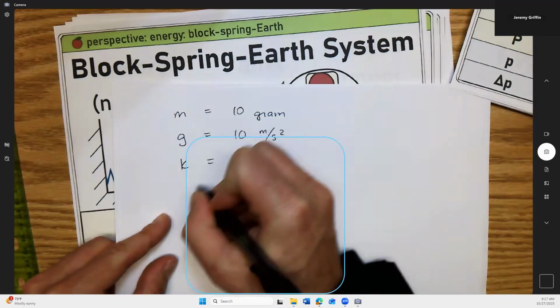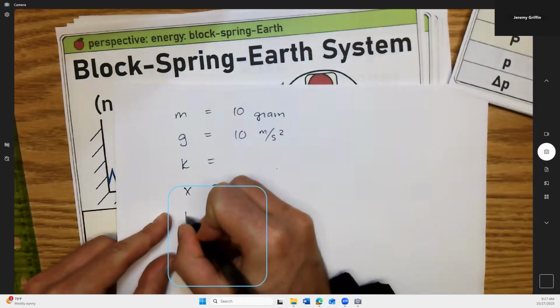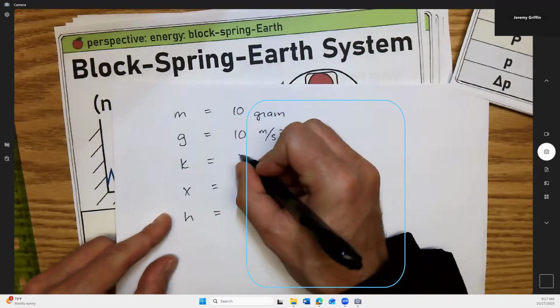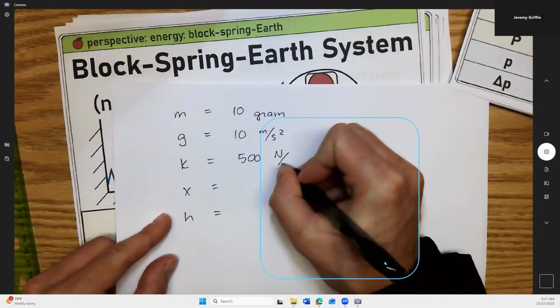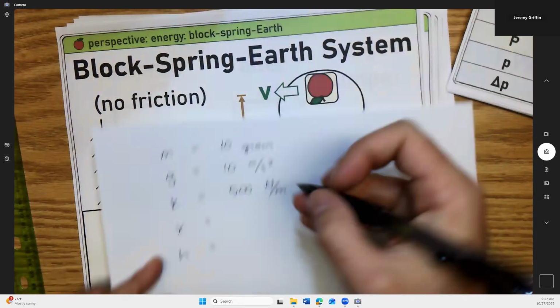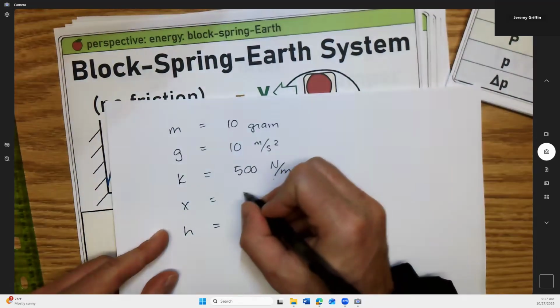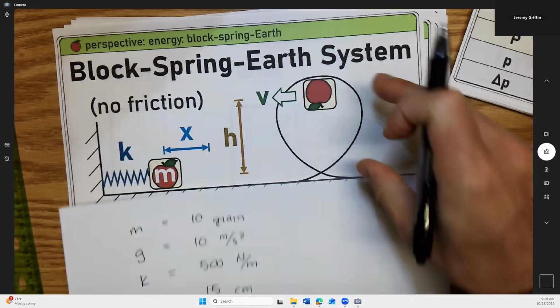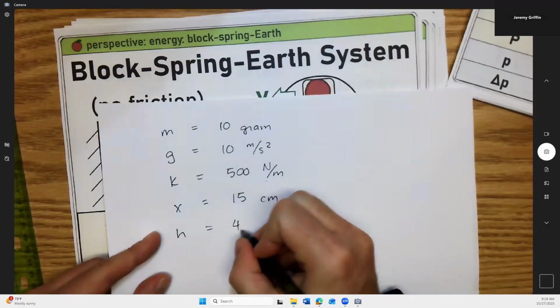I need to give you a K and an X and an H. Okay, so let's give a spring constant of like 500 Newtons per meter. I'll say I squash this by, how about 15 centimeters? Let's say this height right here is like 40 centimeters.